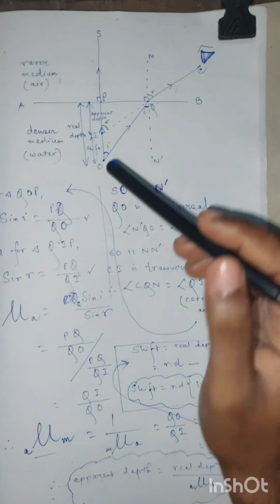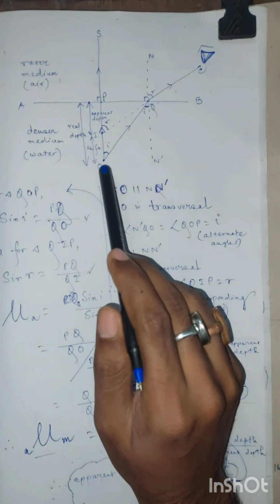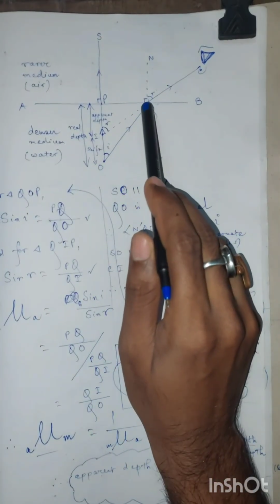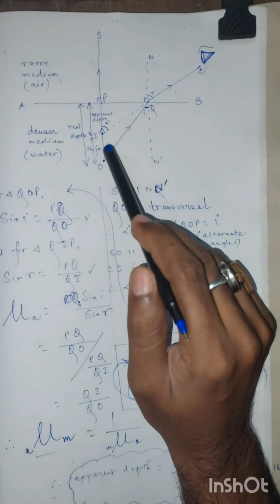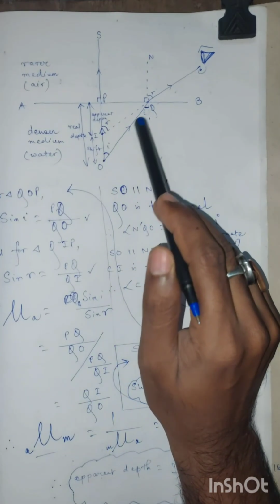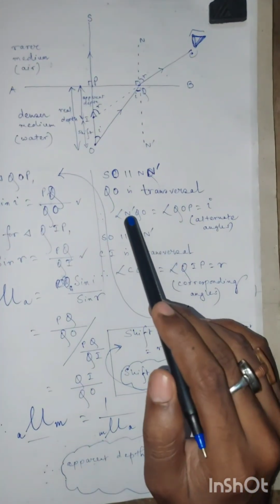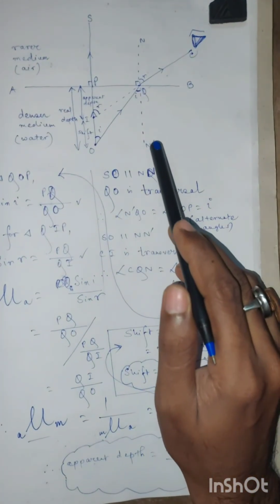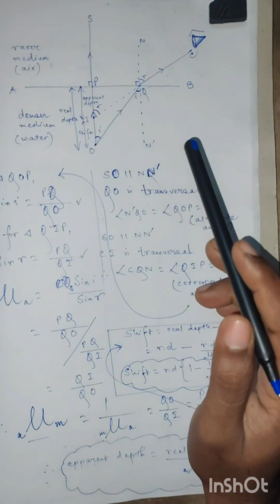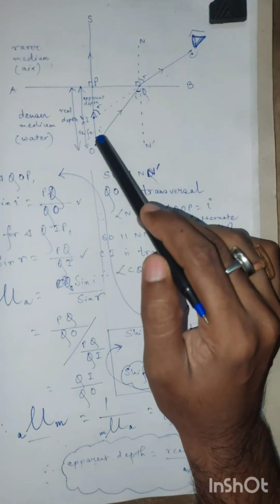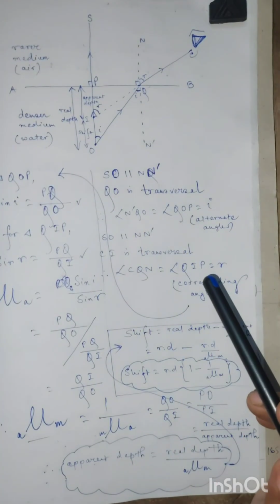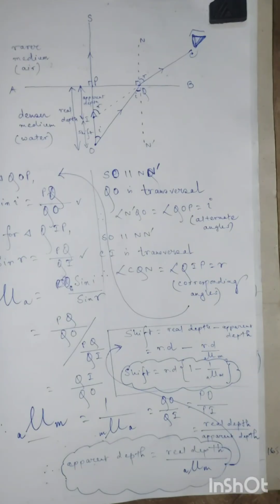Now, if we say that OQ is the transversal, then this angle and this angle are alternate angles. So we can say N dashed QO and QOP, these two angles should be equal because they are alternate angles, and they are equal to i.